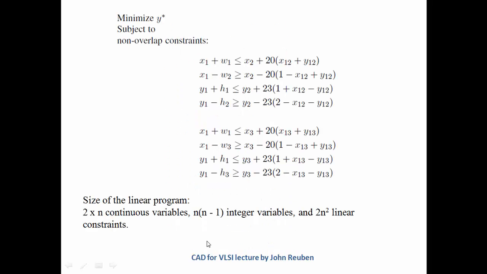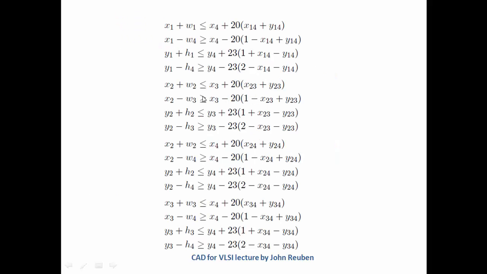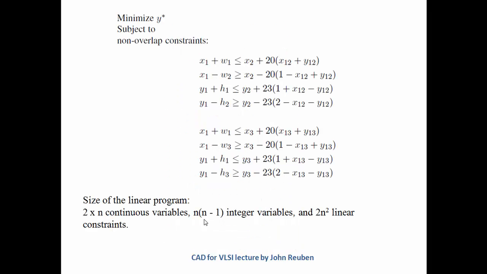So you can see that there are actually 6 sets of non-overlapping constraints from 4 modules. So 6 sets of constraints, and each of them having 4 equations, so that becomes 24 non-overlapping constraints. Right?